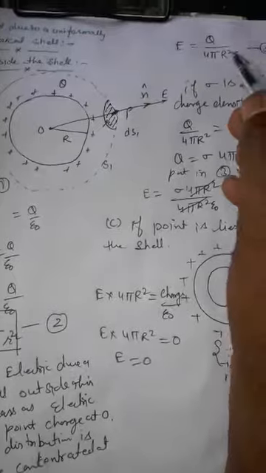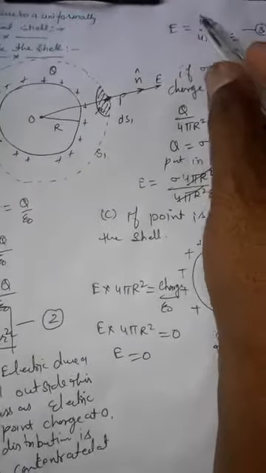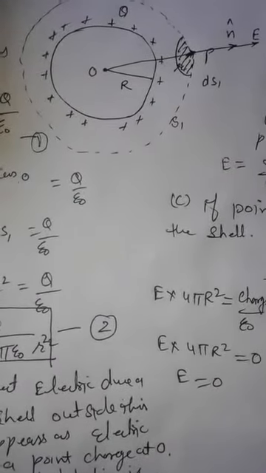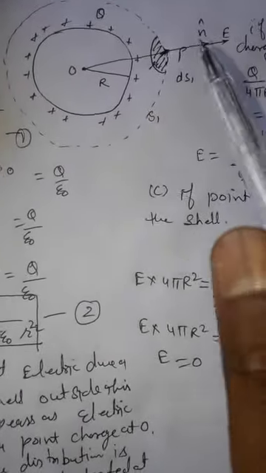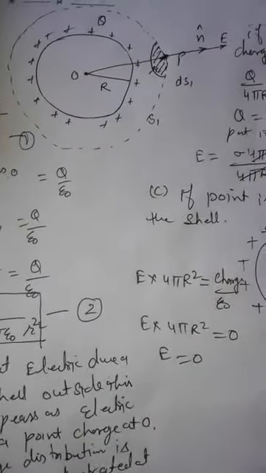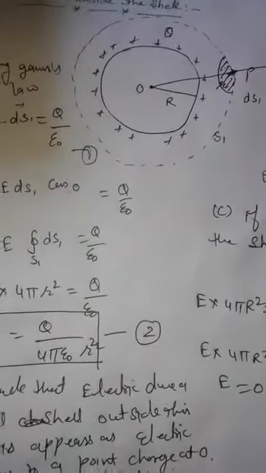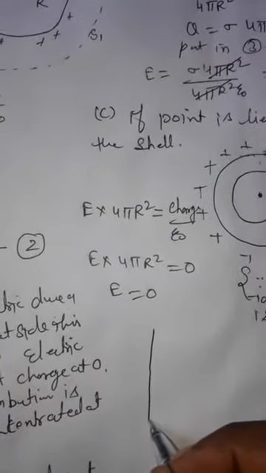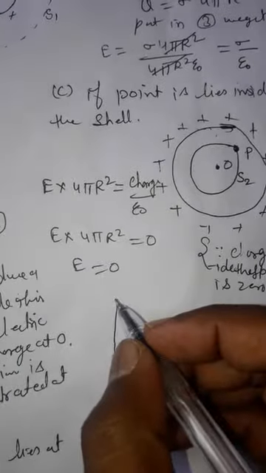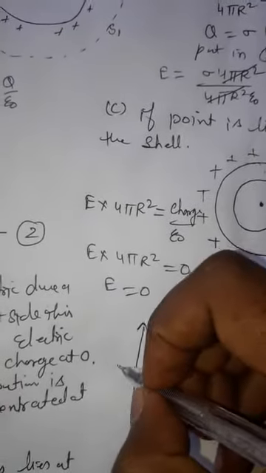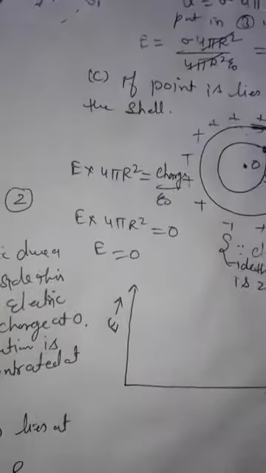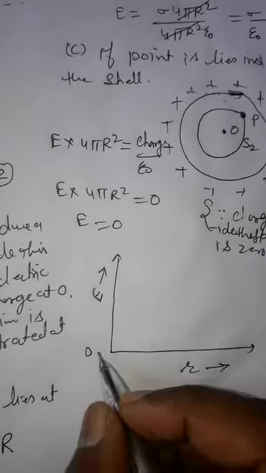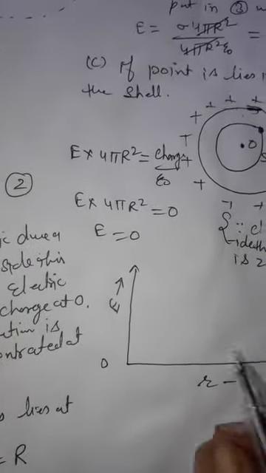So we can say on the surface this quantity becomes maximum. Now if we want to draw a graph between distance from the center and electric field, we take electric field intensity on the y-axis and distance from the center of the sphere on the x-axis.